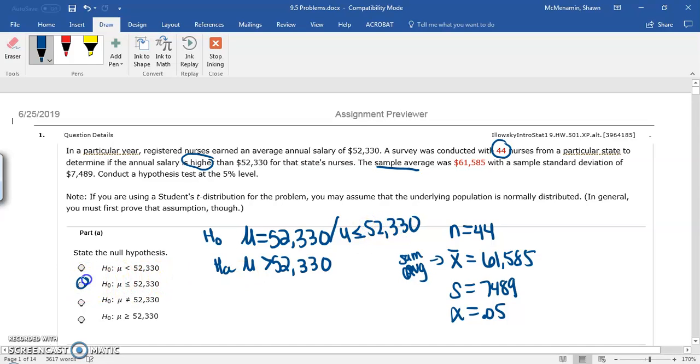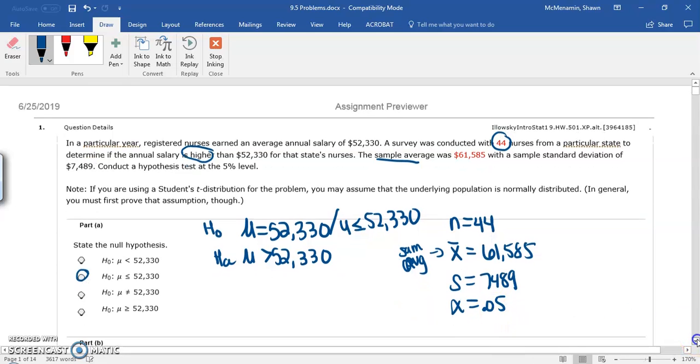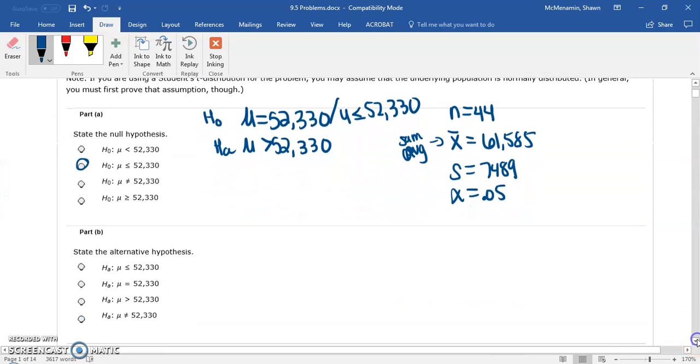So it's going to be this one. And the alternative is greater than 52,330. So it's going to be this one. And we're going to write down, we need this data for StatCrunch to find the p-value and the test statistic.